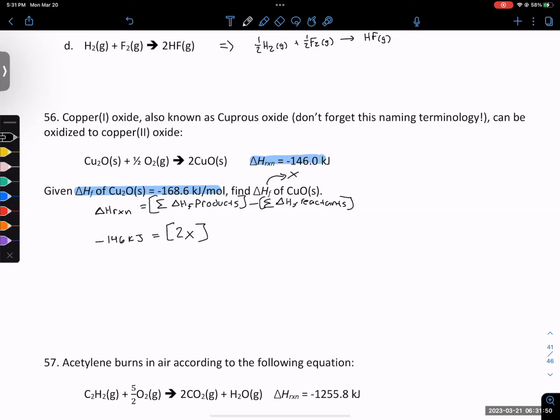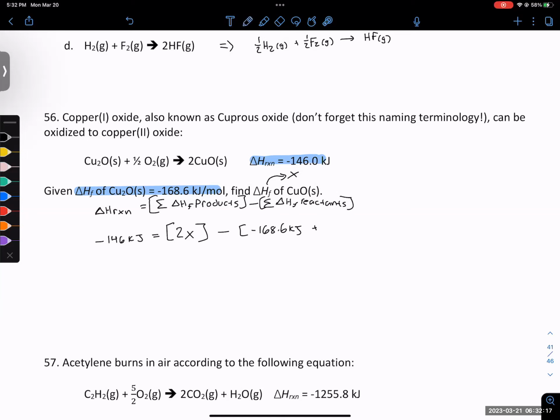And the second part is the sum of the heats of formation of the reactants. It tells us that the heat of formation of copper 1 oxide is negative 168.6 kilojoules.